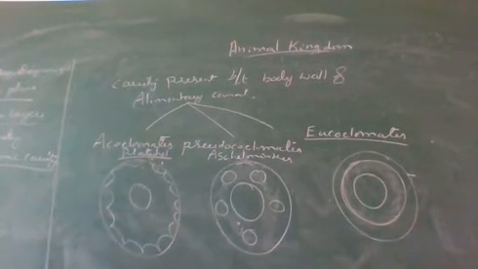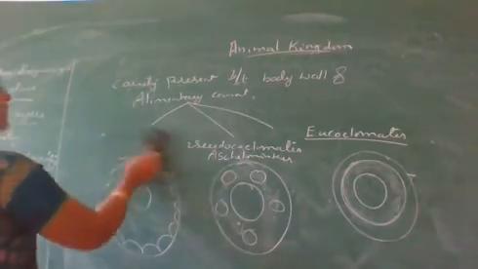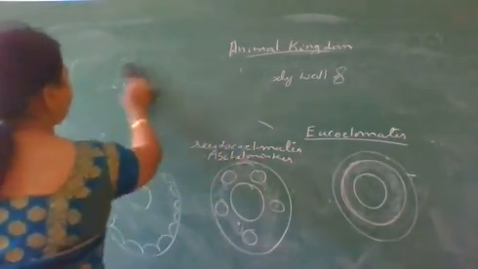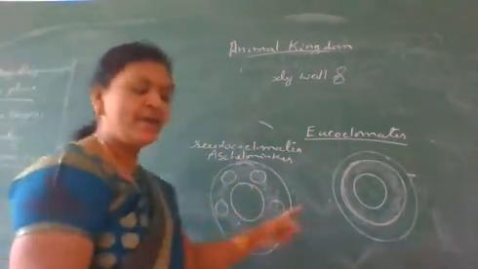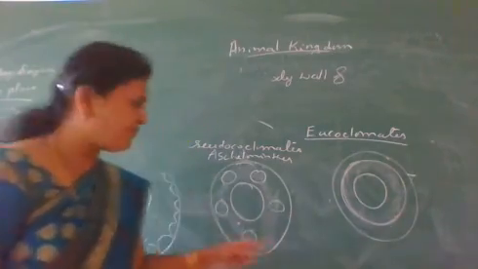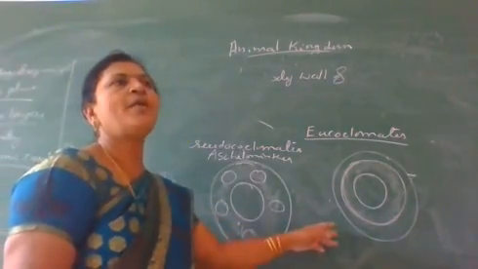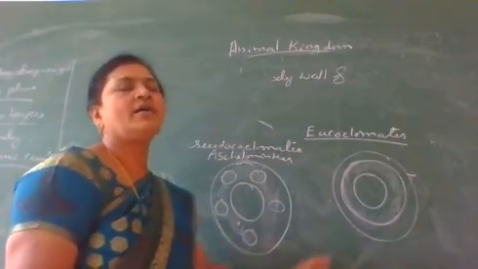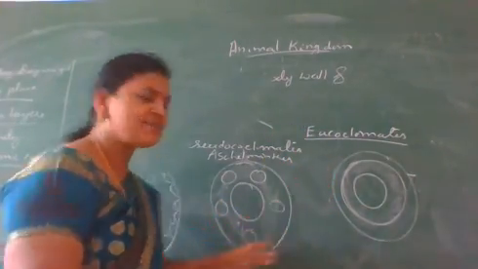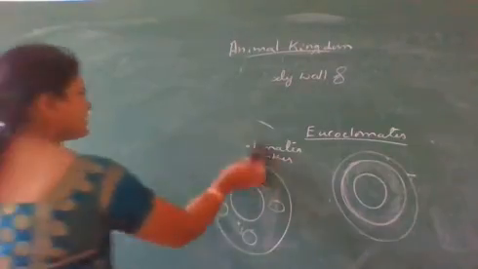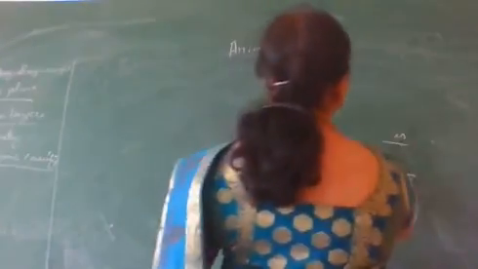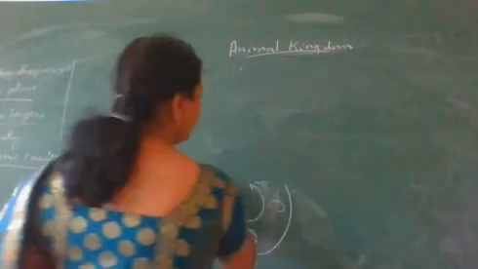Eucoelomates, starting from Arthropoda up to the chordates, all come under eucoelomates. So, based on coelomic cavity, we can classify animals into acoelomates, pseudocoelomates, and eucoelomates.